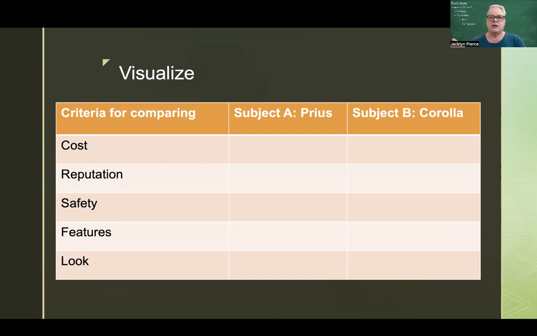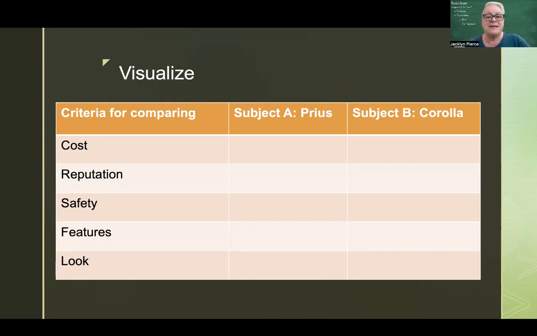Cost, of course, I mentioned earlier, most of the time when we are looking at things, especially when we're trying to make a decision about them, cost is definitely a big consideration. Reputation. You could, if you were doing this as a paper and you're researching, you might look up reviews of the different cars to see customer satisfaction, things of that nature.